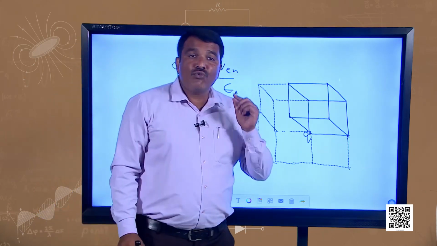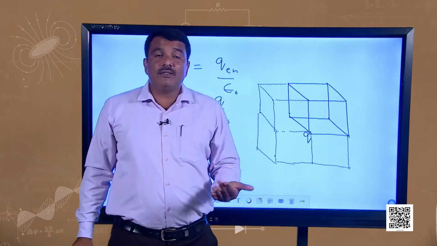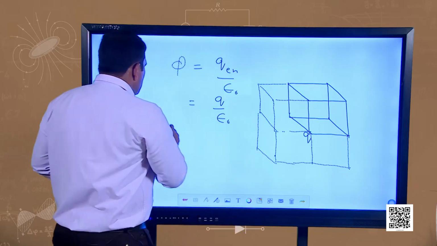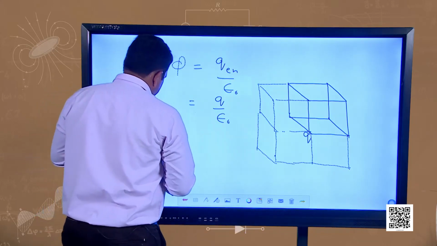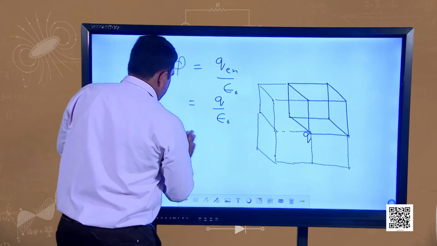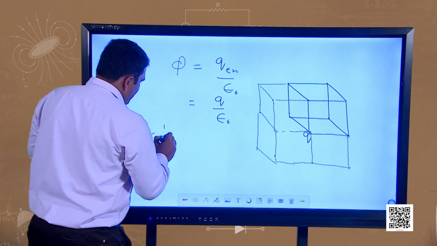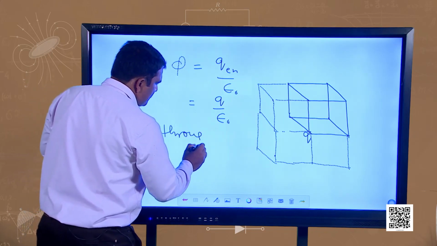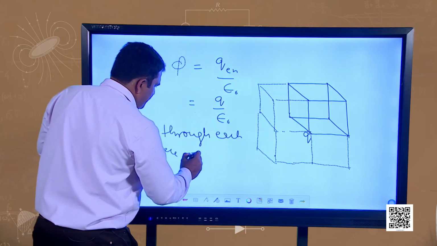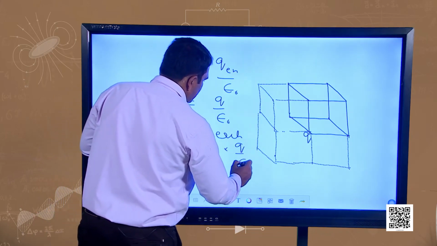Now, we have to find the flux through each face of this cube, and because the big cube has 24 such faces, the flux through each face phi will be 1 by 24 times q by epsilon naught.